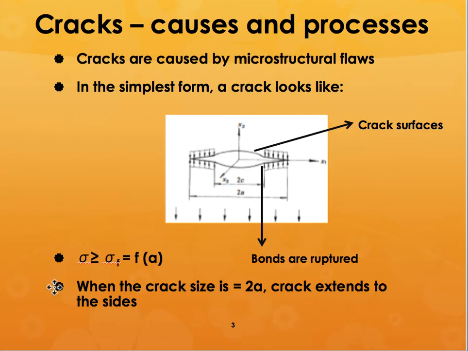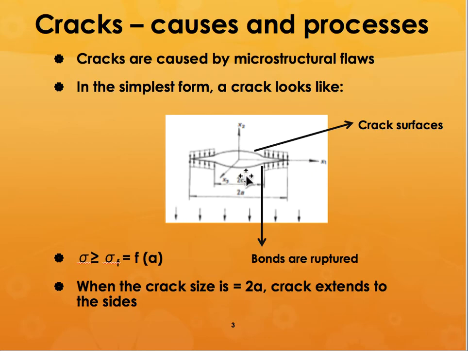As the crack is being opened up, it will fail if it reaches the failure stress, and so it can be technically represented as sigma greater than or equal to sigma f, which is equal to a function of the crack size A. In the inner crack, the flaw size is 2A, but still you can represent the failure stress as a function of A.